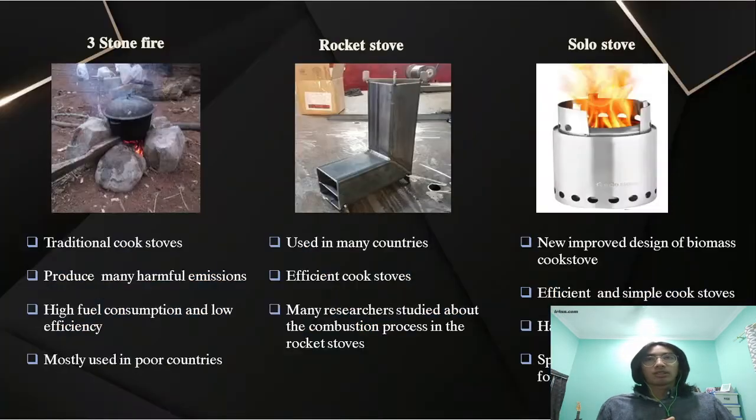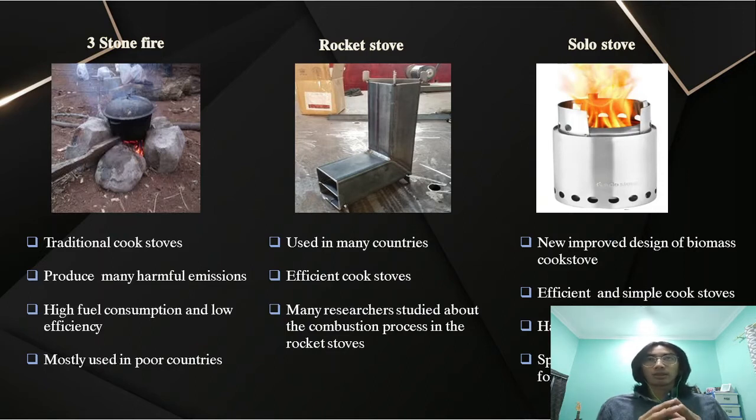From those papers, I learned there are three popular stoves that have been studied for a long time. First, we have the three stone fire, which is a traditional cook stove mostly used in poor countries such as India and Kenya.